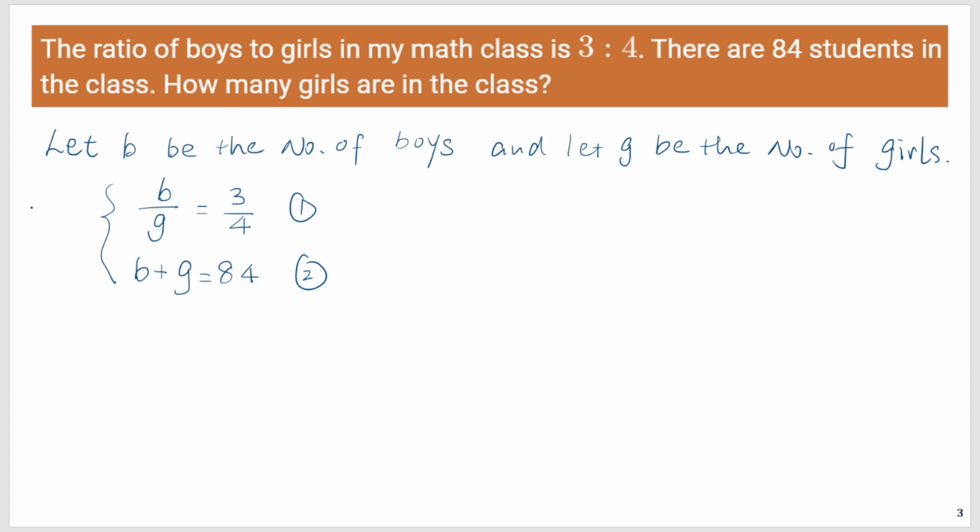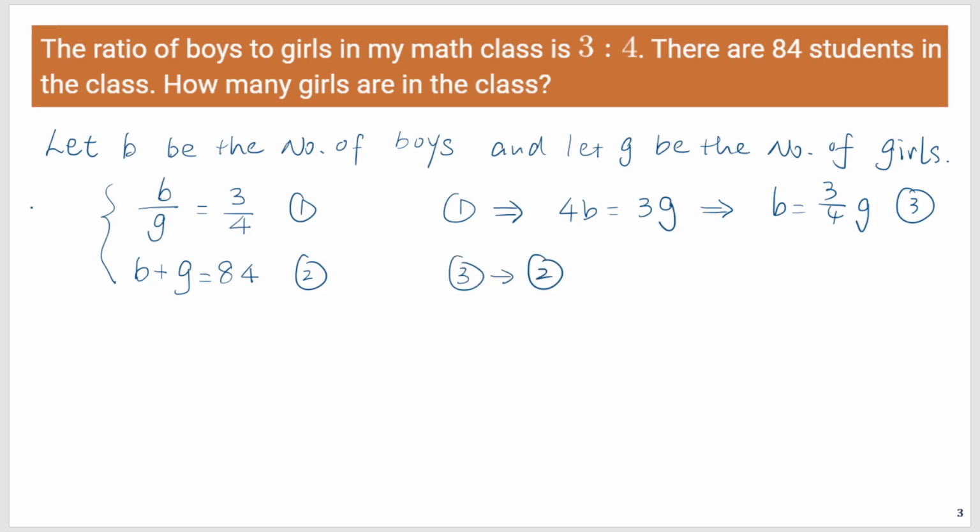So we could use either substitution or elimination method. So from the first equation, we could have 4B equals 3G, right? And this gives us B equals 3 over 4 G, right? And let's call this number 3. Then you can actually insert number 3 into equation number 2.